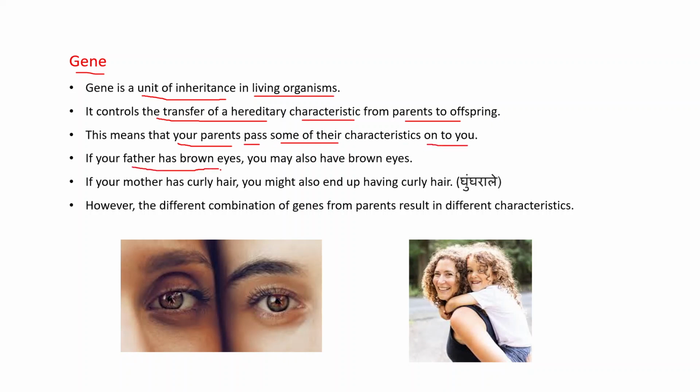If your father has brown eyes, you may also have brown eyes. If your mother has curly hair, you might also end up having curly hair. Curly means gungurale. However, the different combination of genes from parents result in different characteristics. I think you have understood this role of gene.